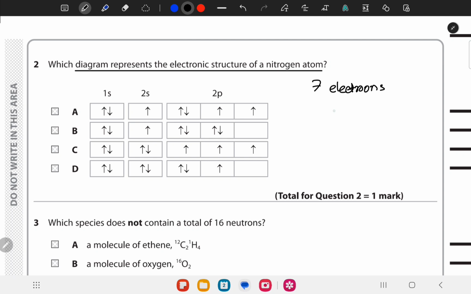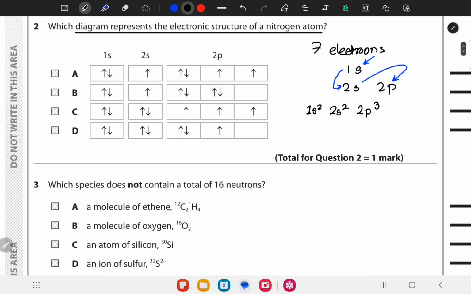So if we follow the Aufbau principle, we'll have 1s2, 2s2. So we have 4 and we have 3 more left. So we'll have 2p3.